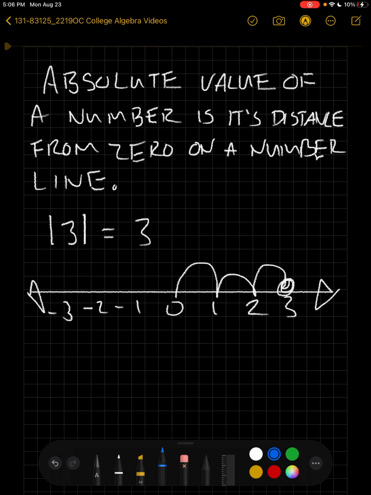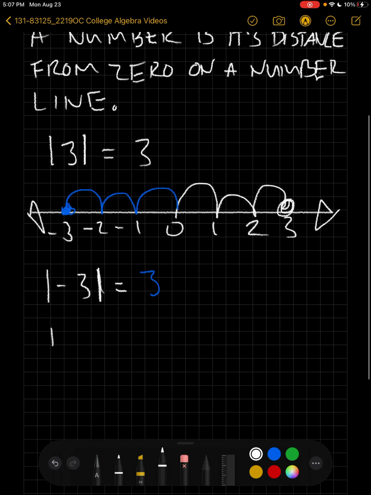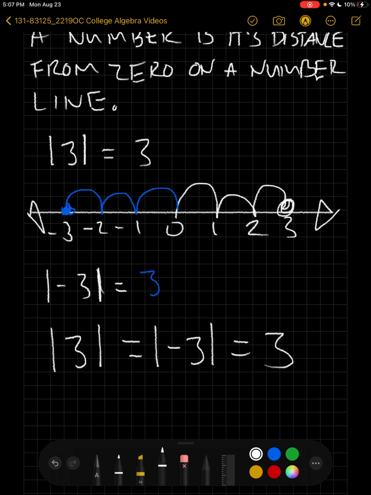The other number that has an absolute value of 3 is actually -3. So here is -3, and its distance from 0 is also 1, 2, 3. So that would also be 3. So the absolute value of 3 is the same as the absolute value of -3 is the same as 3.